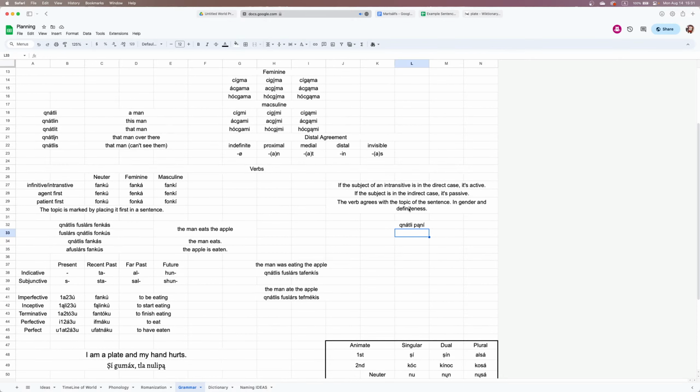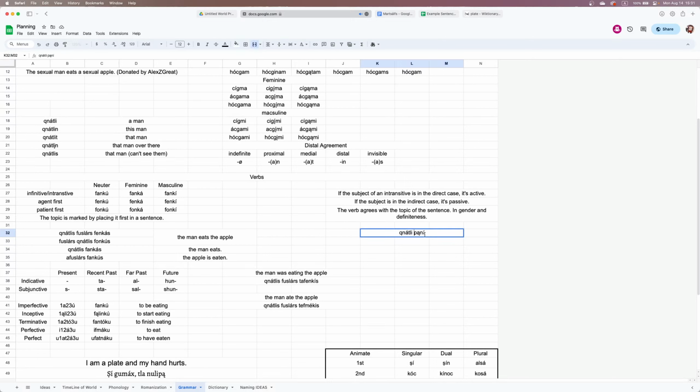Which is a bit dark. I should use the article. So the man hurts. But then if that turns from an intransitive to a agent first. Oh my god, that says penis.